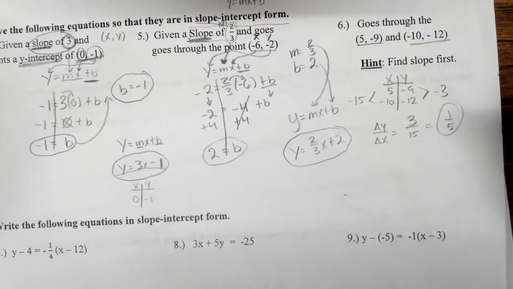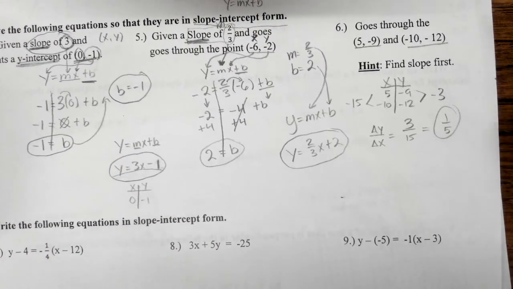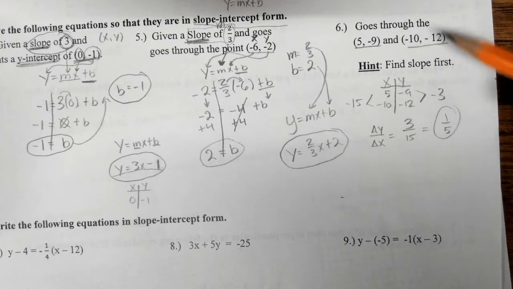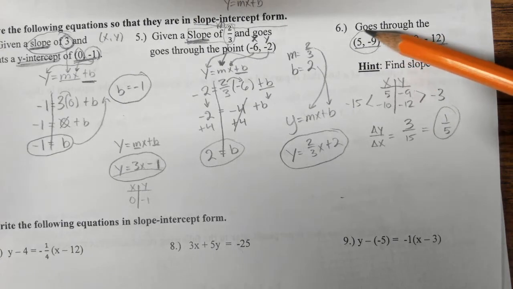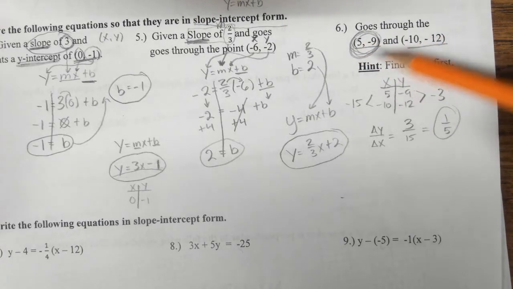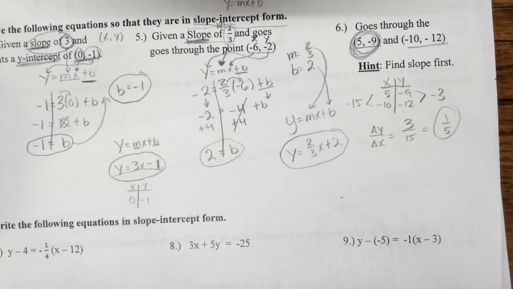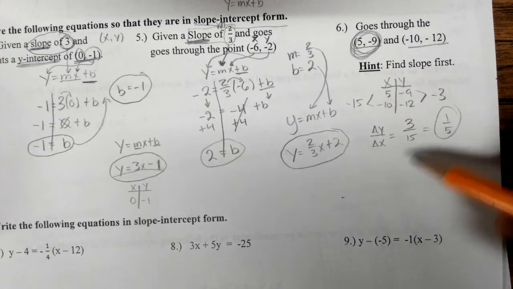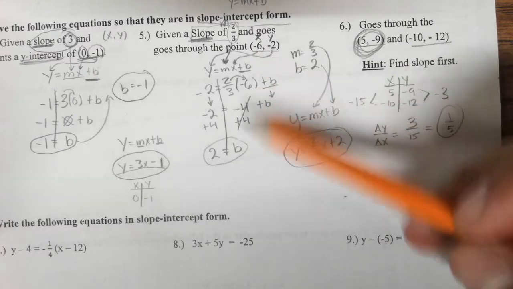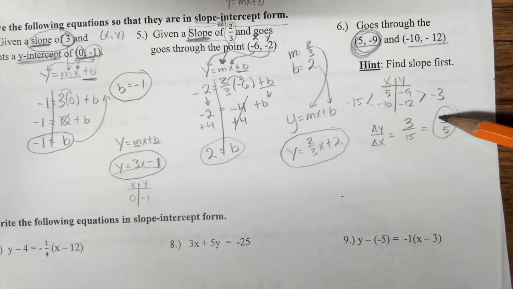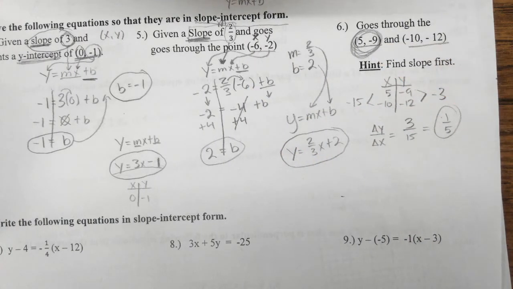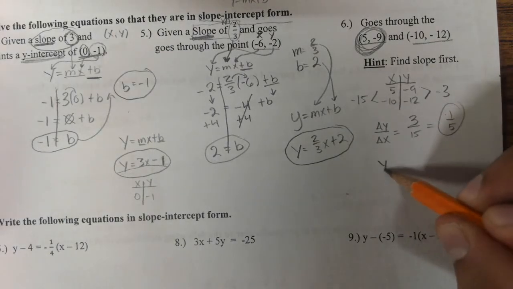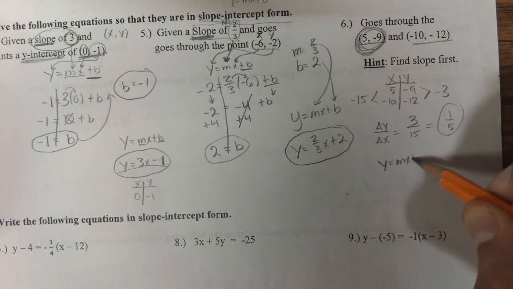Once I find my slope, I can choose whichever point I want to use. Usually I advise that you guys use the 2 positive ones. I don't have any 2 positive ones, so I'm just going to use this one that has 1 positive, 1 negative. It doesn't matter. You could choose 10, negative 10, negative 12. You solve it the same way. Then we set up this problem using our slope and one of the points that we chose. So we do y equals mx plus b.